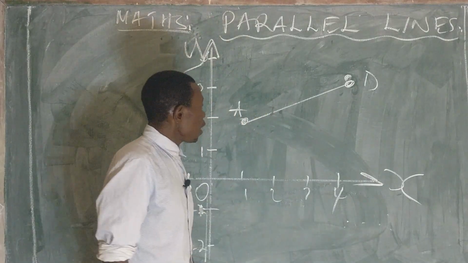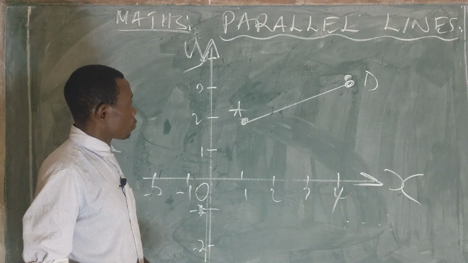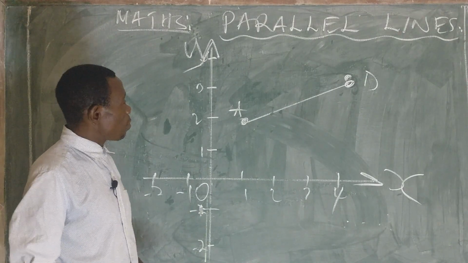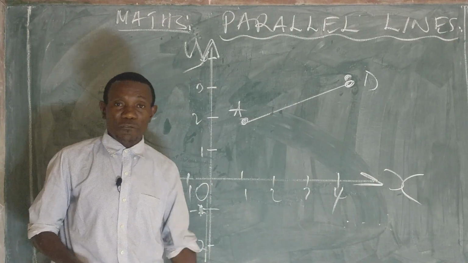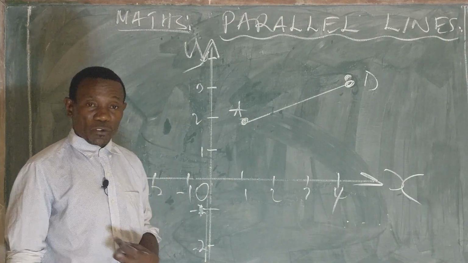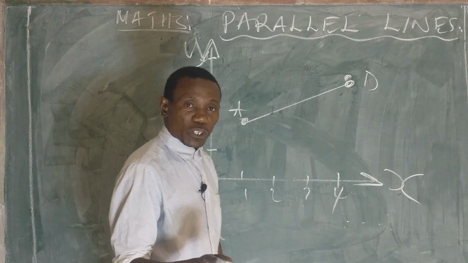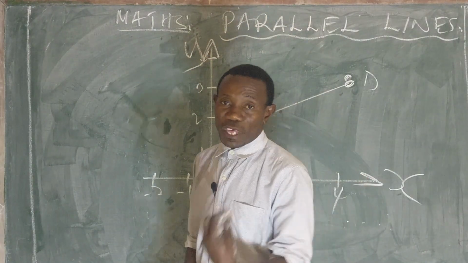As much as what we have been doing in the previous section, we have been calculating the equations of straight lines, meaning that every line has an equation. So here, we are going to specifically discuss how we can calculate the equation of a line that is parallel to the other one.